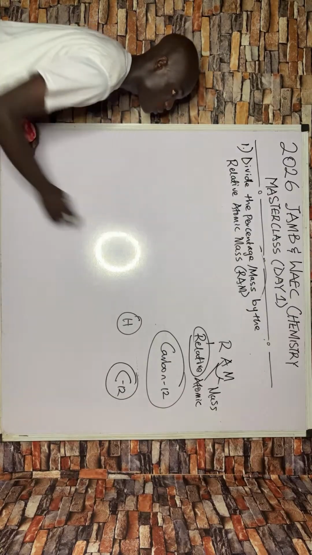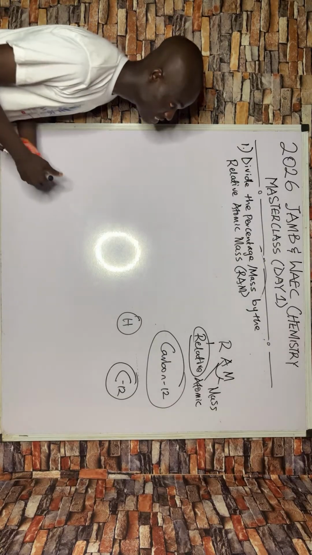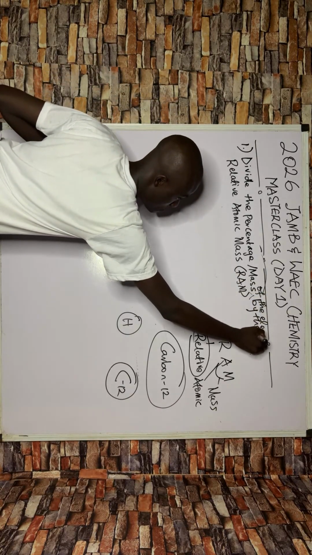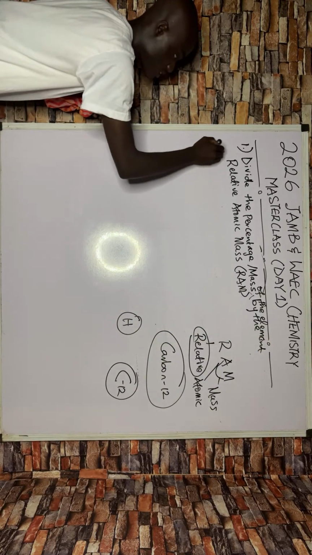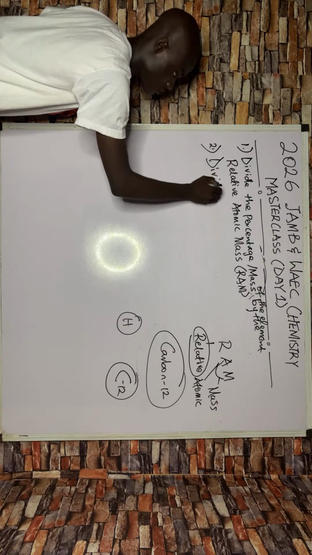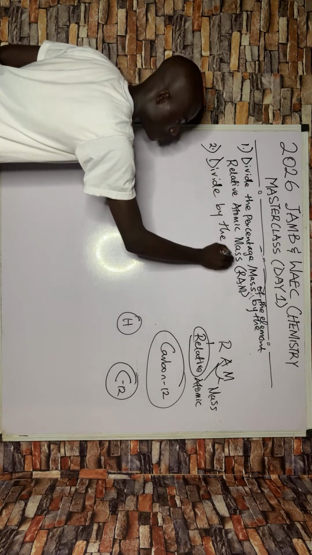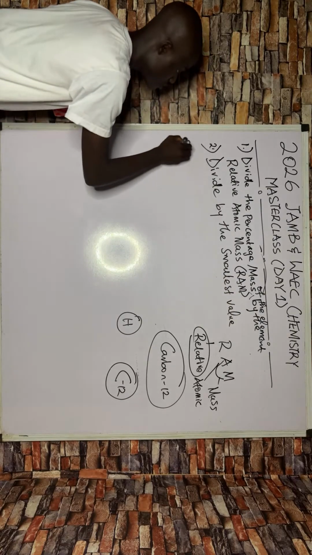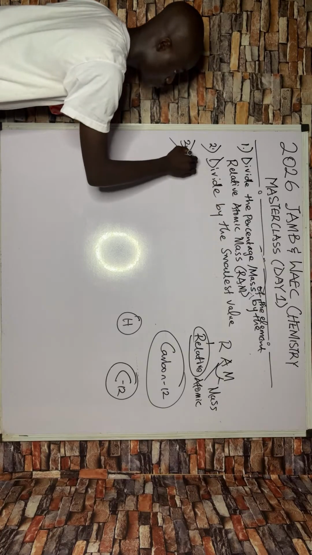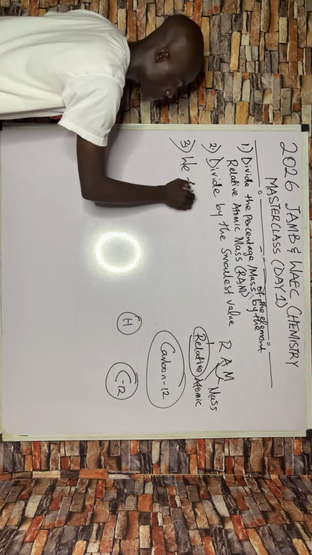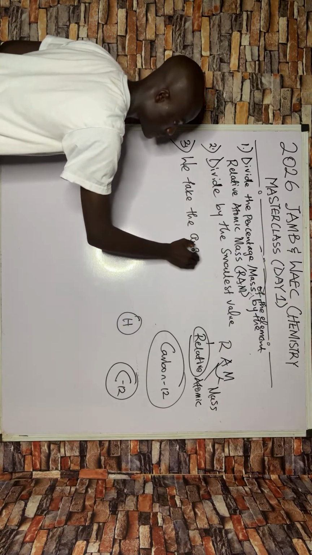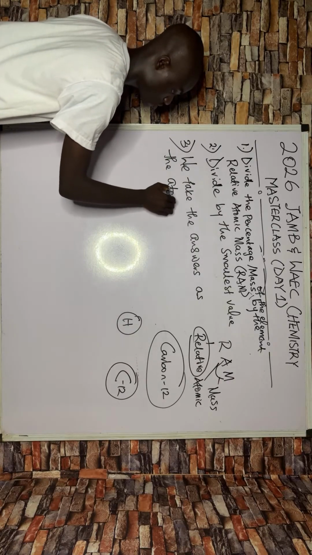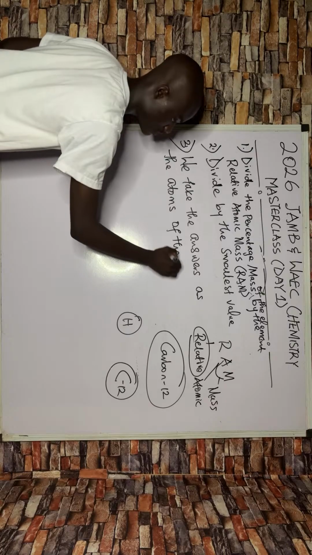So the first thing we do is that we divide the percentage or the mass of the element by the relative atomic mass. Then secondly, we divide by the smallest value. Then thirdly, when we divide by the smallest value, we take the answers as the atoms of the element involved.